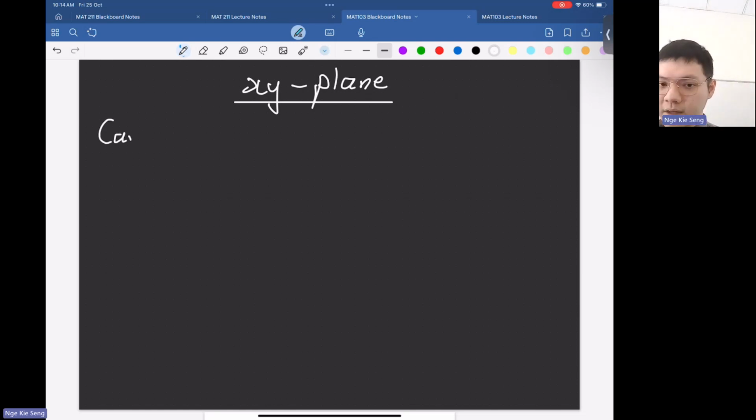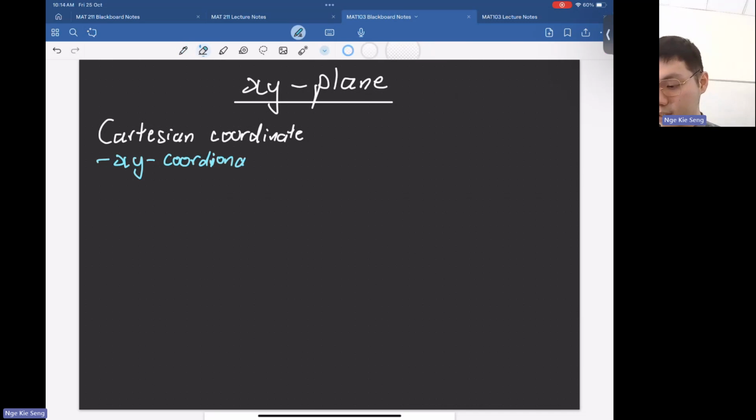So one thing you know very well is Cartesian coordinate, or sometimes people will call it xy coordinate, or people sometimes call it regular, rectangular coordinate. In a moment you'll see why it is rectangular.